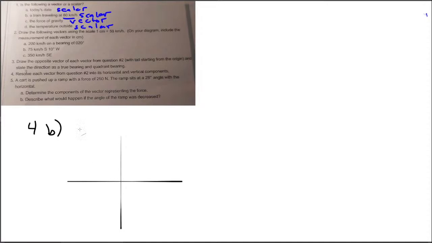So this vector goes south, and then it goes 10 degrees west of that. So it's actually here. And set your scale according to what you had before. This is 75, and I think we figured that was 1.5 centimeters. So that's actually B. That's the B vector.